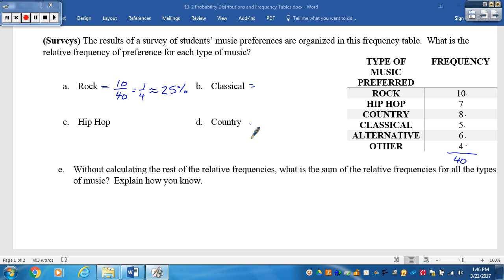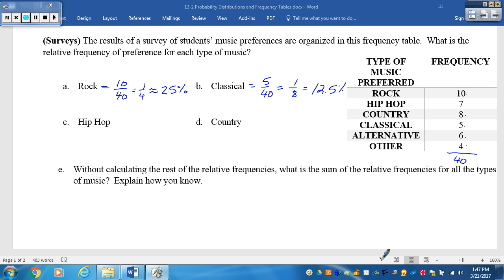As I look at classical, we've got 5 out of 40. Again, I can reduce that down to 1/8. What is the percentage of that one? That's going to be about a 12.5% chance, about half as much as the rock. We see that in the original numbers, 10 to 5, 25% to 12.5%.